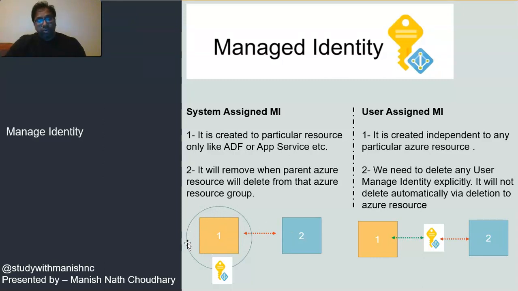So Azure resource 1 works like a managed identity, and we provide access on the second Azure resource so that it can access it. Azure resource 1 becomes a managed identity, and we provide this identity access to this particular Azure resource.